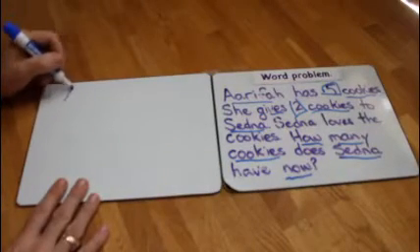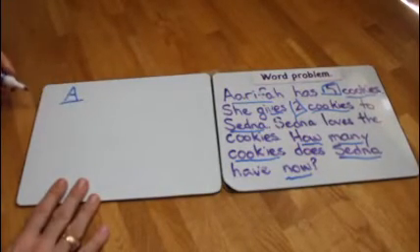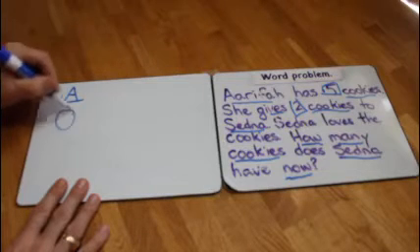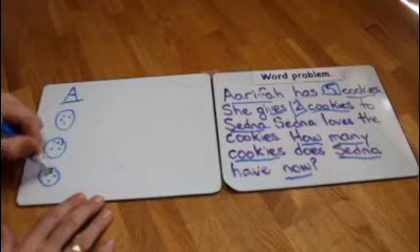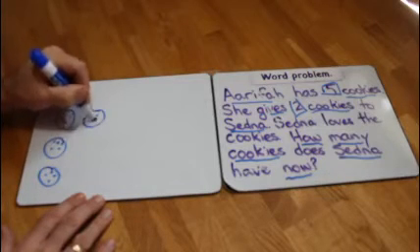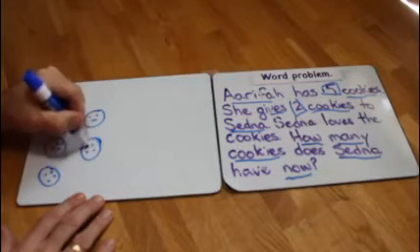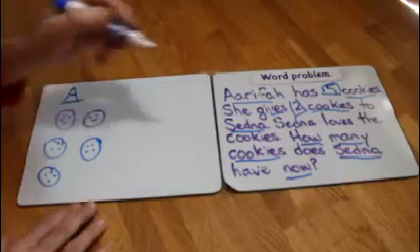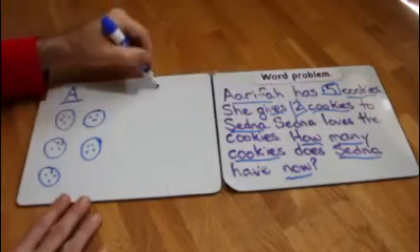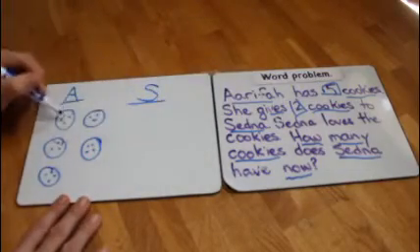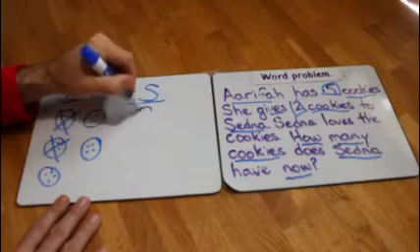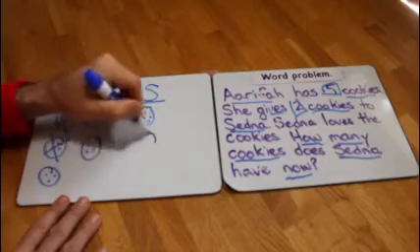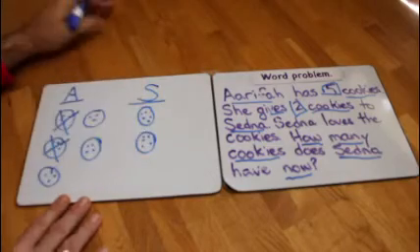Arifa started with how many cookies? 5. 1, 2, 3, 4, 5. She gives 2 cookies to Sedna. Here's Sedna. She gives 2 of her cookies. 1, 2 to Sedna. 1, 2.